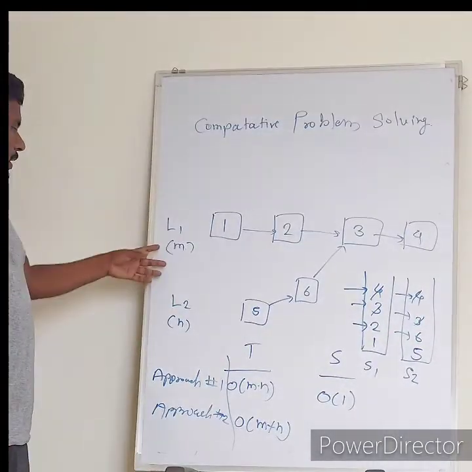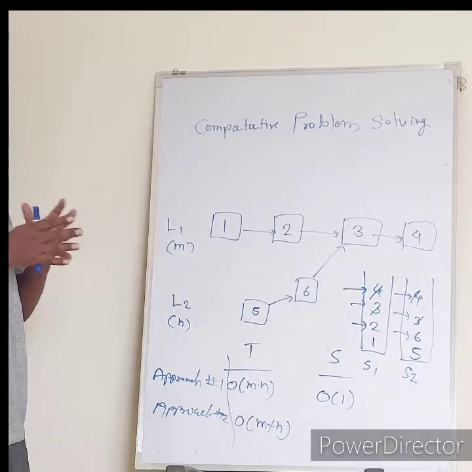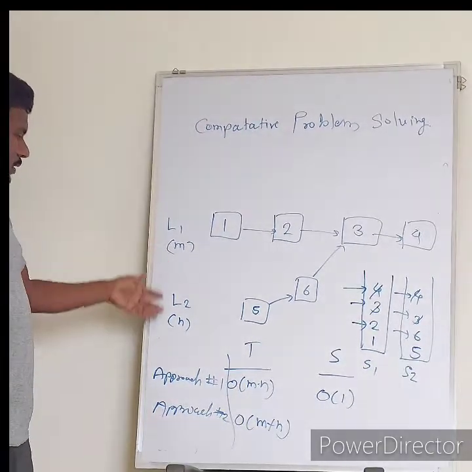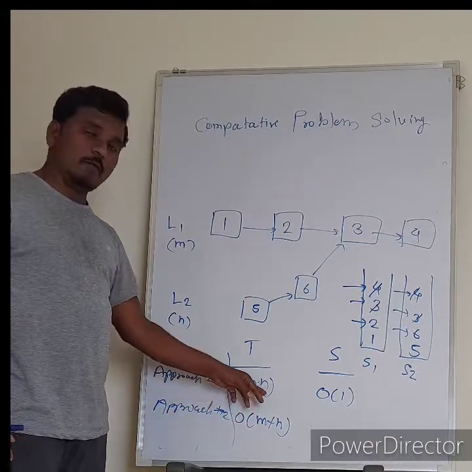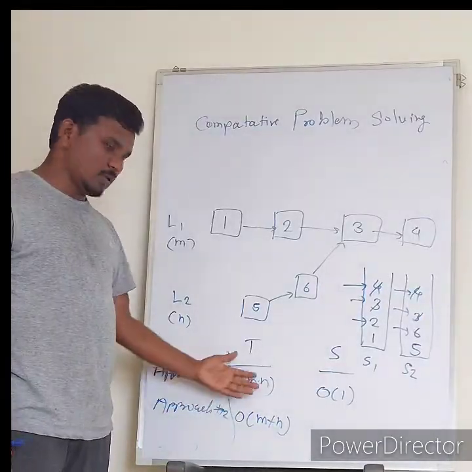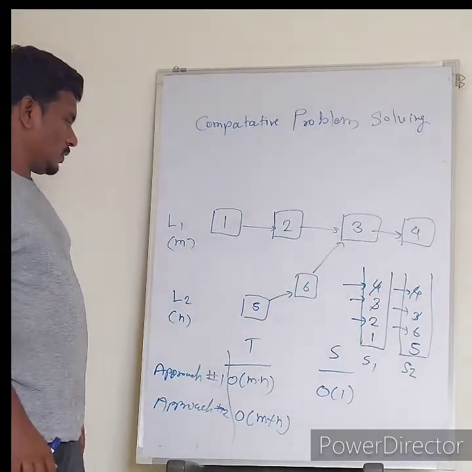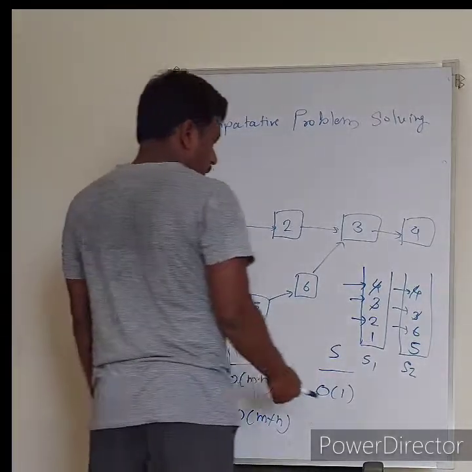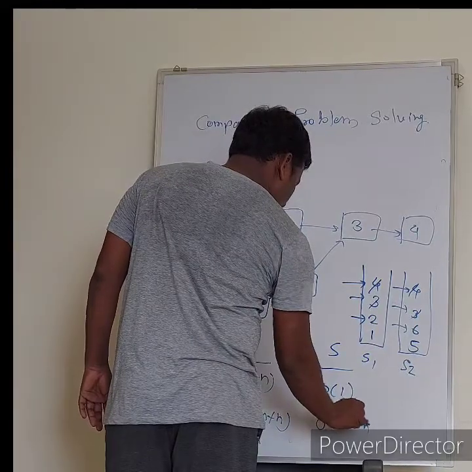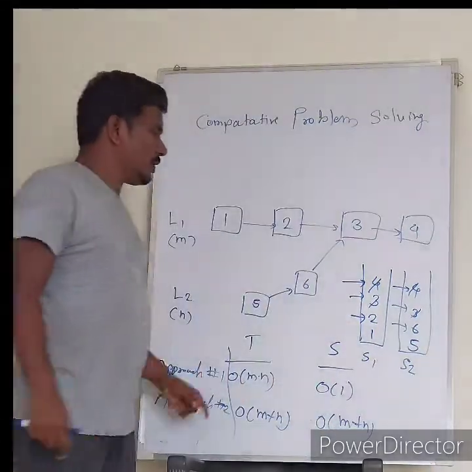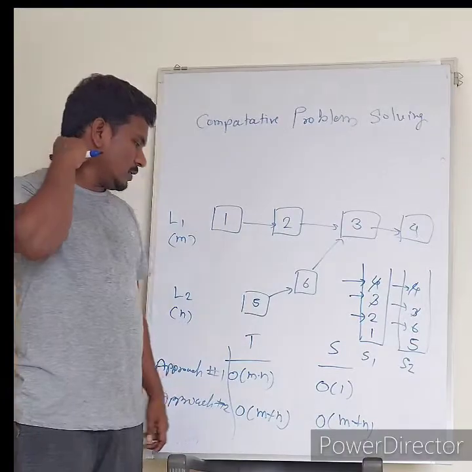Or if you assume m and n are almost in the same range, then we can consider it O(n), compared to O(n squared) before. And for space complexity, we need space similar to O(m plus n), because we need a stack for that.